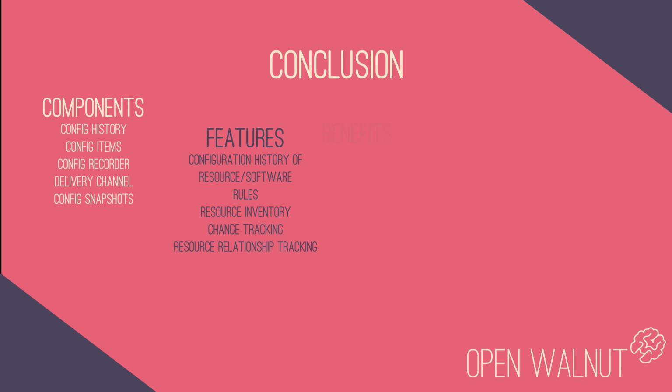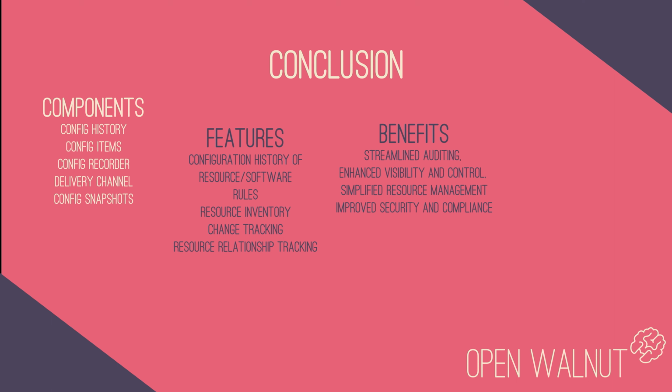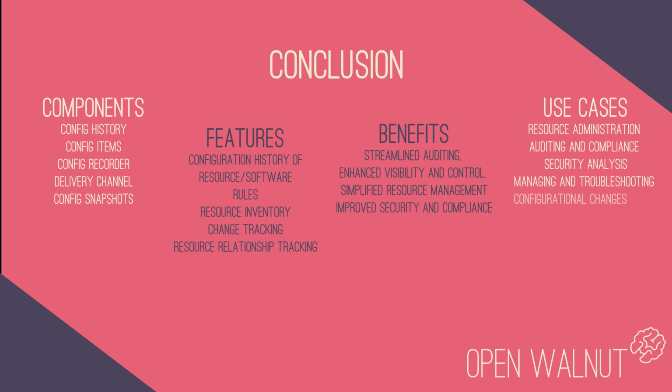We've discussed numerous benefits, like streamlined auditing, enhanced visibility and control, simplified resource management, and improved security and compliance. Lastly, we've covered various use cases for config, namely resource administration, auditing and compliance, security analysis, and managing and troubleshooting configurational changes. To take your learnings further, we encourage you to explore real-world scenarios employing AWS Config and Terraform.